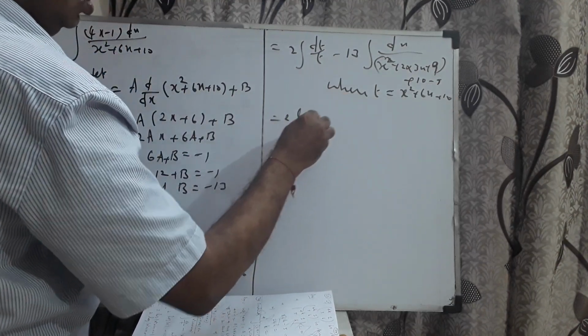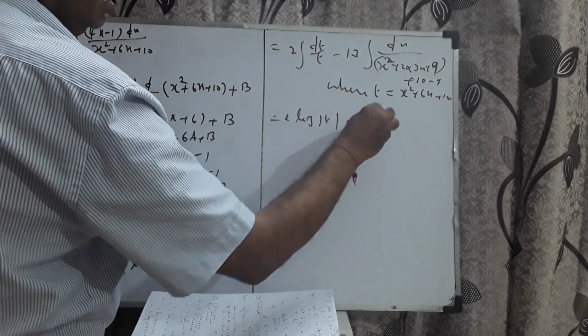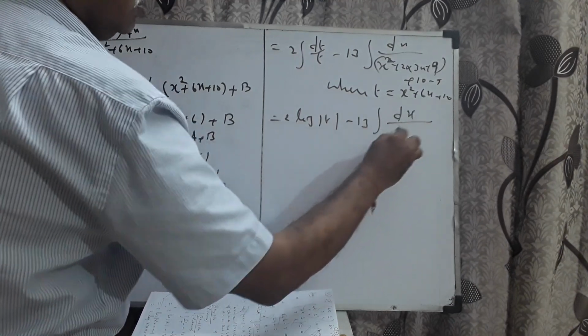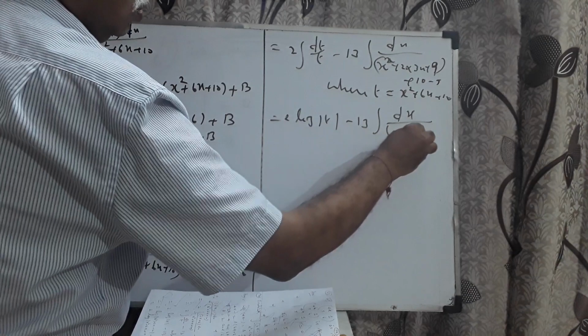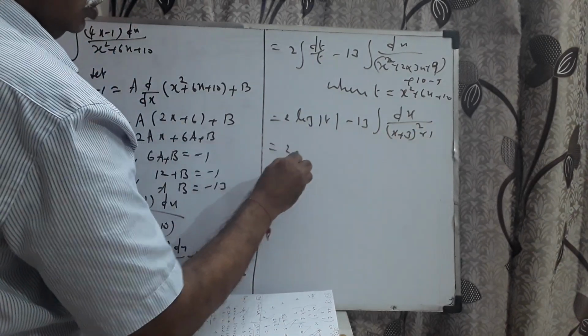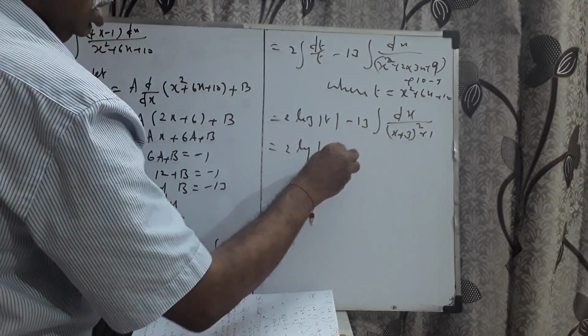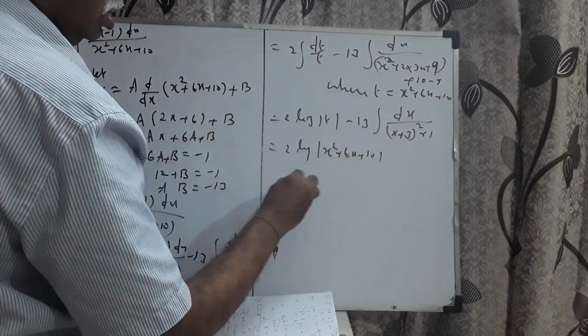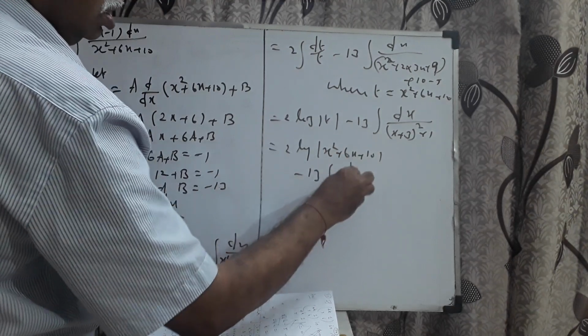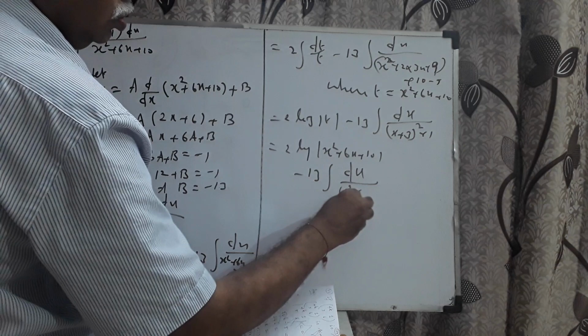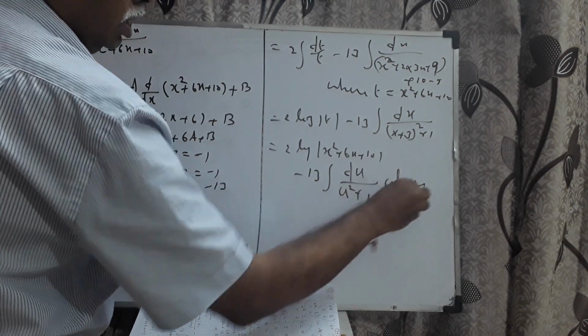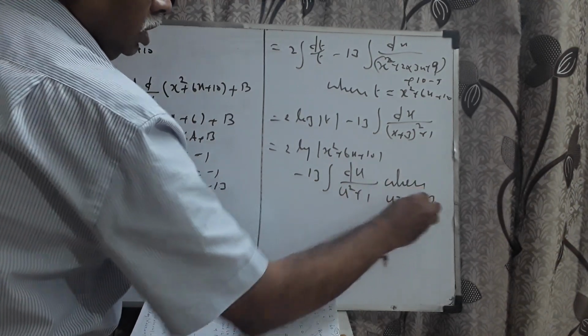This will be 2 log mod t minus 13 integral dx by (x plus 3) whole square plus 1, which is equal to 2 log mod x square plus 6x plus 10 minus 13 integral du by u square plus 1, where u is x plus 3.